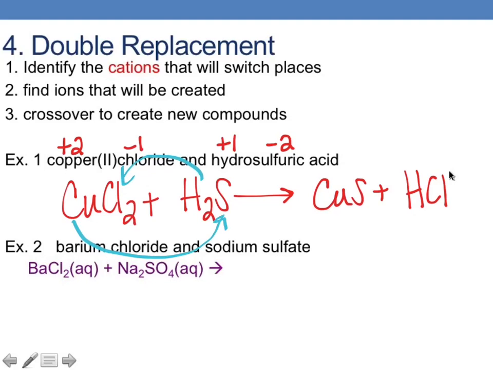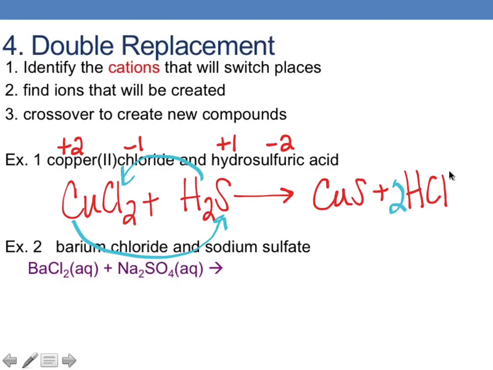The substances that they already have don't really matter, it just matters what you're trying to do. So to balance it, we would put a 2 there.